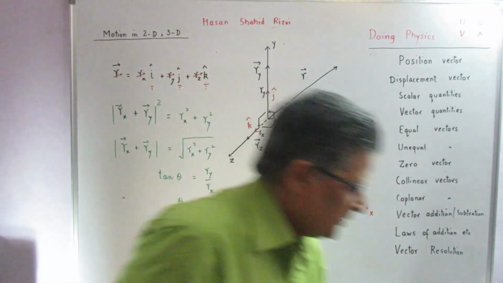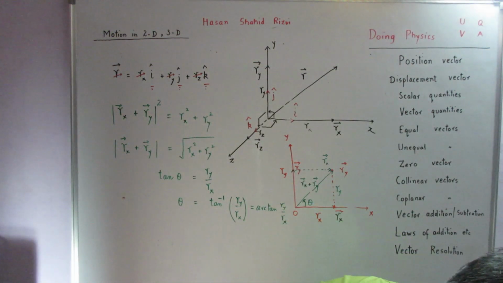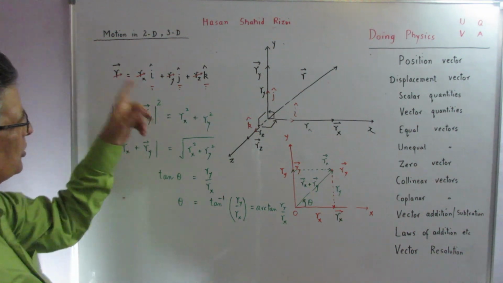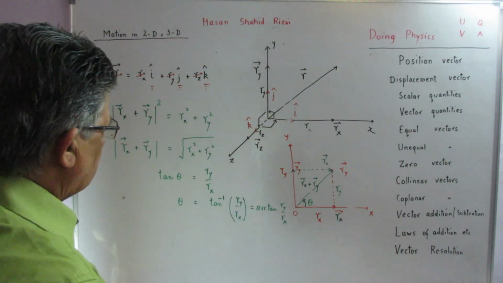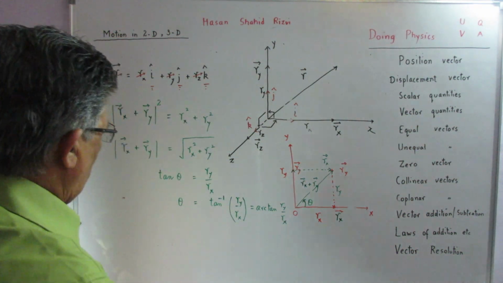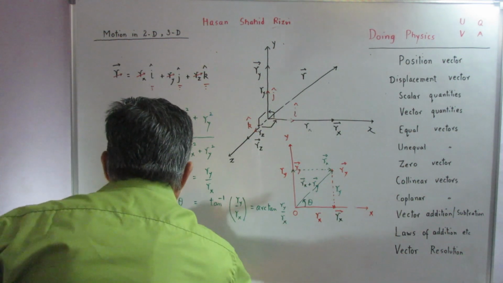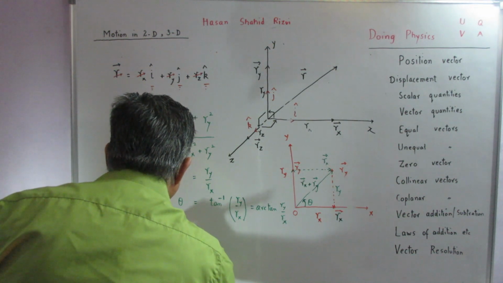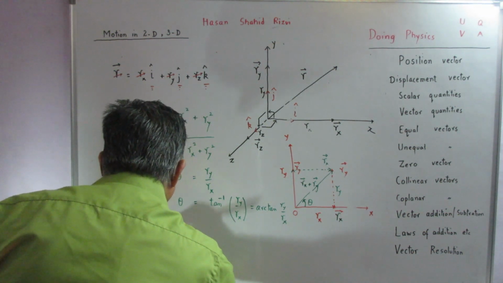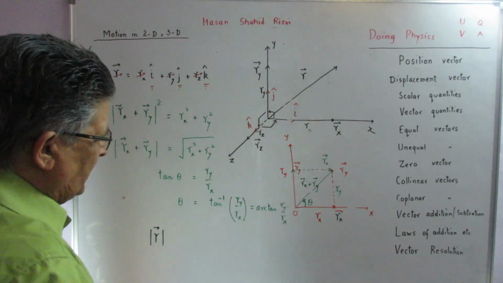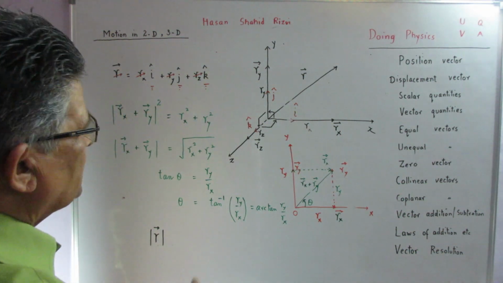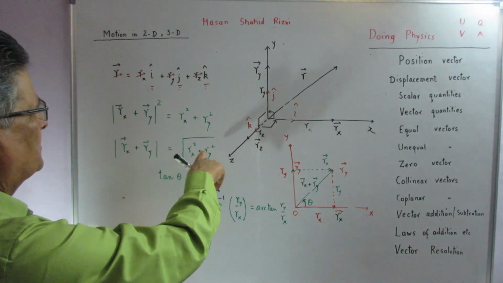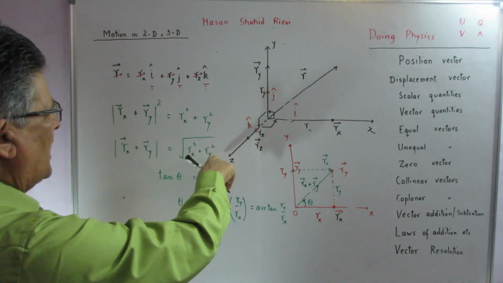So in the next stage, for the total thing, we can write that the value of r will be equal to the magnitude that we obtained over here, which is the square root of Rx square plus Ry square.